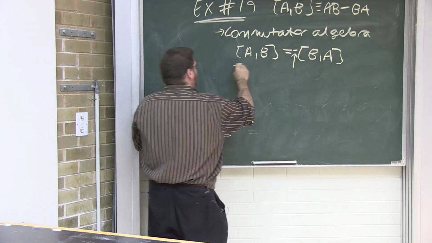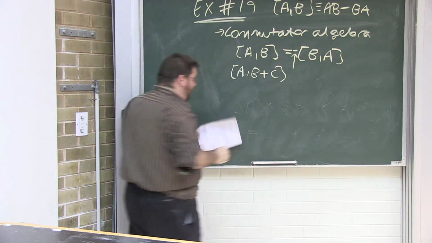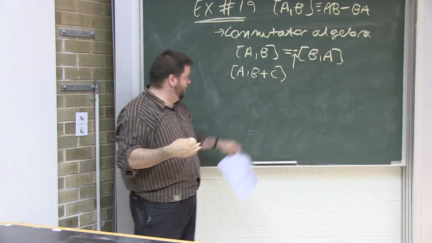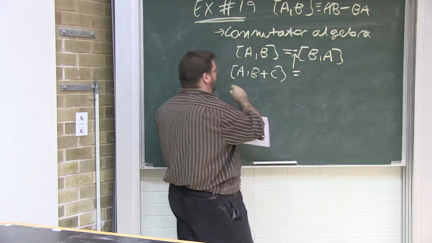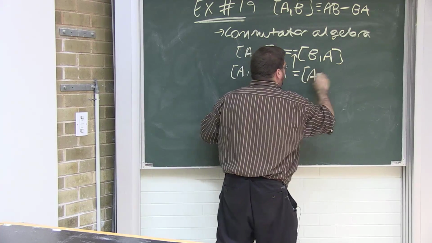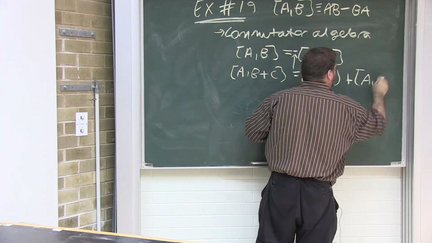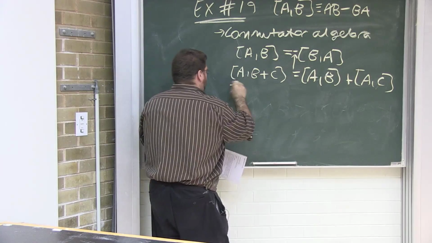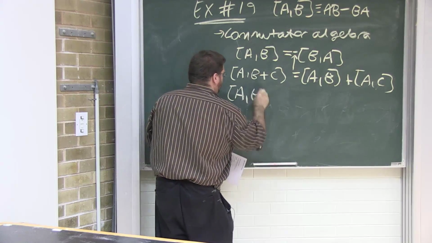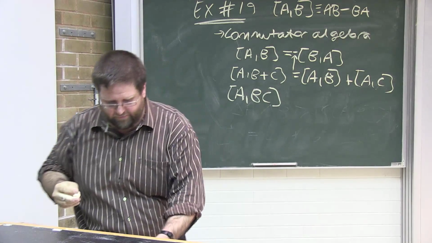The second result is that if you have the commutator of A with B plus C, here A, B and C are linear operators, this gives two commutators, the first of which is AB and the second of which is AC. The third result is the following. How about the commutator of A with BC?